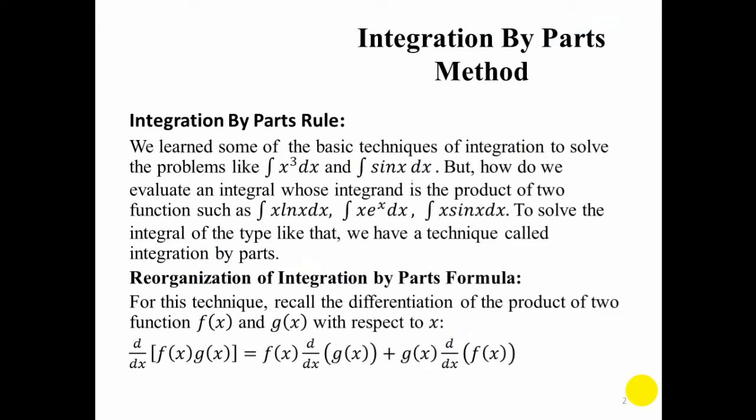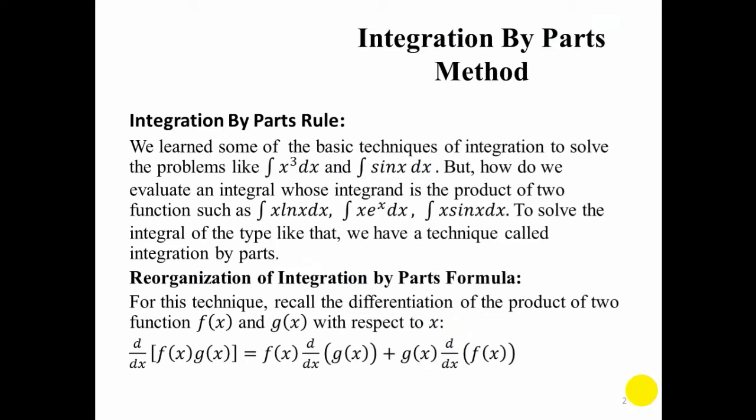So, integration by parts rule. We have learned some of the basic techniques of integration to solve problems like integration of x cube with respect to x and integration of sine x with respect to x. So these are very basic.